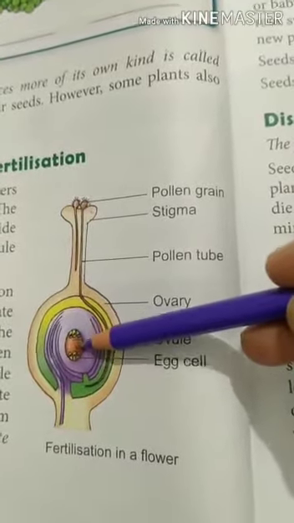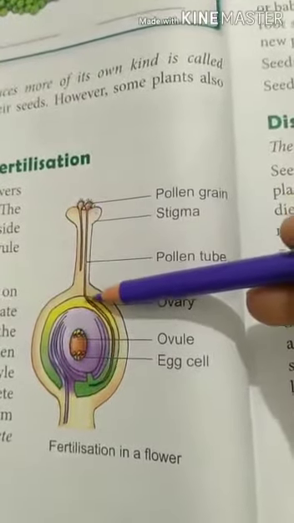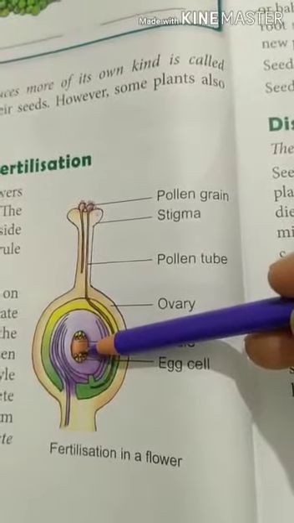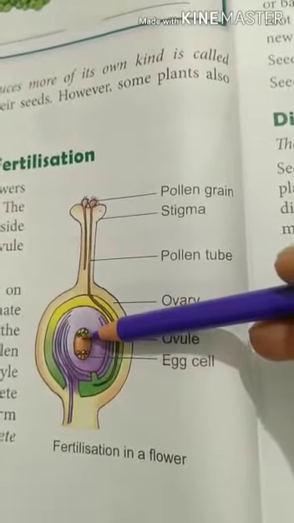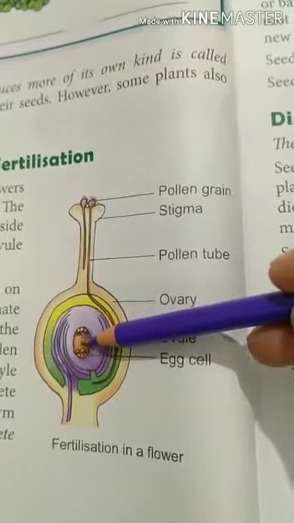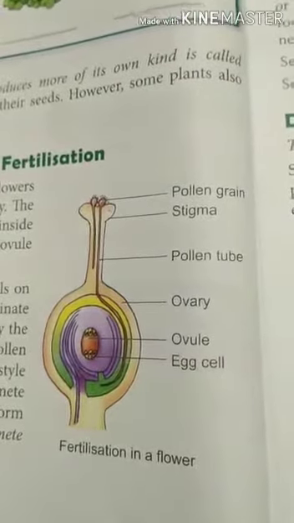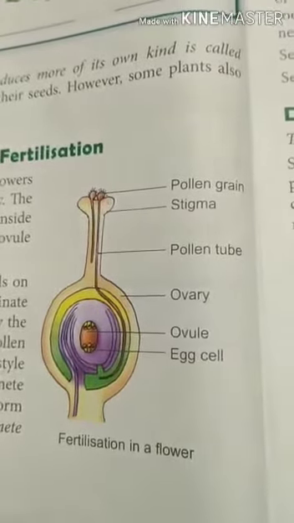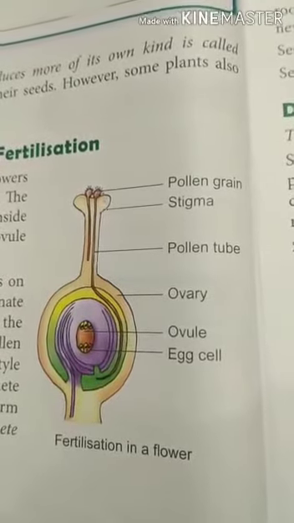In the ovule, female cells are there. The pollen tube carries male cells, and the male cells reach the ovule. The male cell and female cell fuse to form a fertilized cell called the zygote. The fusion of male cell and female cell is called fertilization.